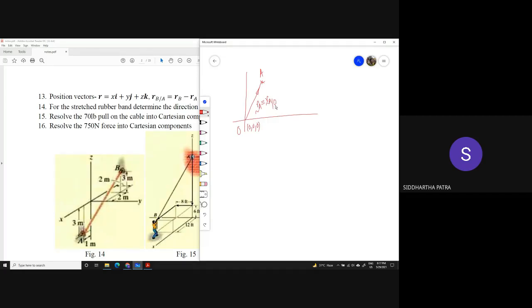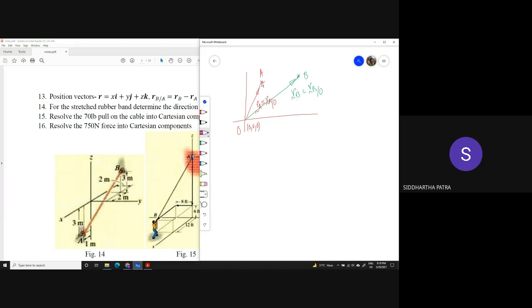Similarly, let's say there is another point B over there. This is r_B, or you can call it r of B with respect to O.